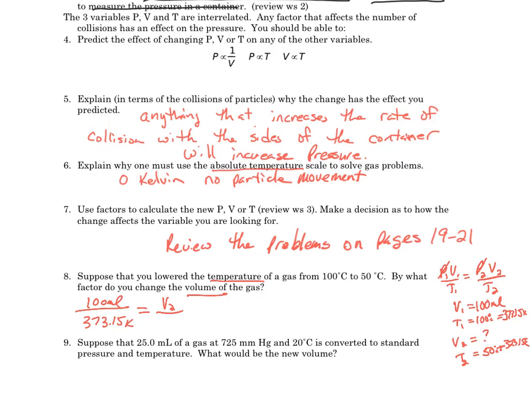And my final temperature is 323.15 K. So I'm going to cross multiply. And I'm going to cross multiply the other side.